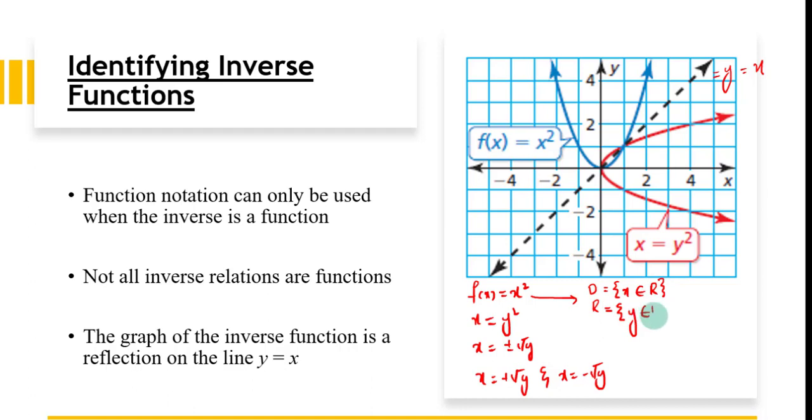The input can be all the real numbers, but the value it produces is always greater than or equal to 0, because the value it produces will always be positive. Now in case of the inverse, the domain becomes the range and the range becomes the domain for our inverse relation.